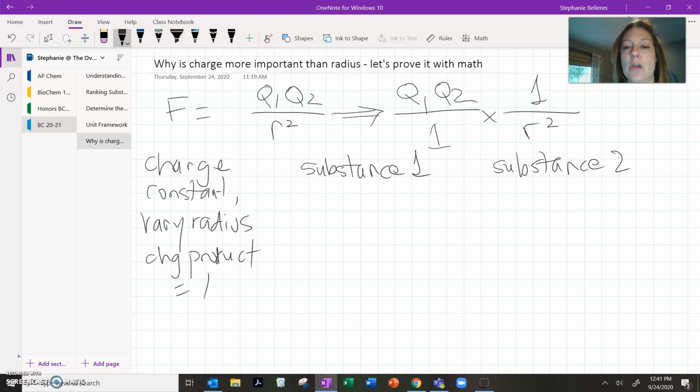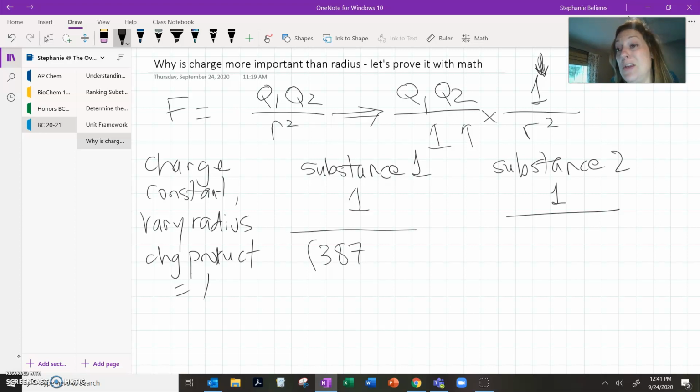I'm going to make sure that the charge is the same in both substances, as I just said, and I'm going to change the radius. So I'm varying this piece up here, and this piece is held the same. Let's say substance 1 has a radius of 387, which could be picometers, squared. Substance 2 has a radius of 450 picometers, also squared.